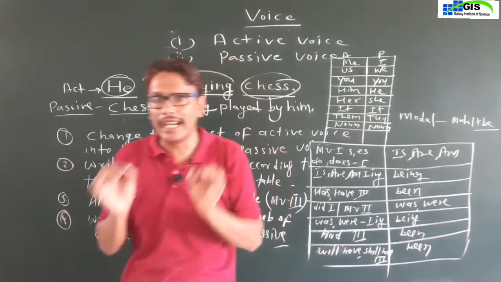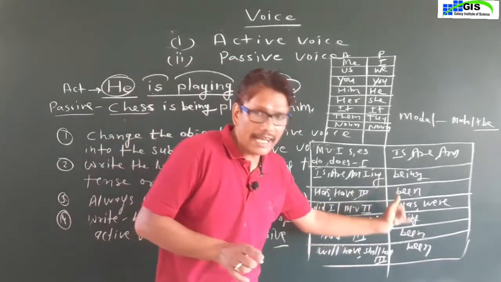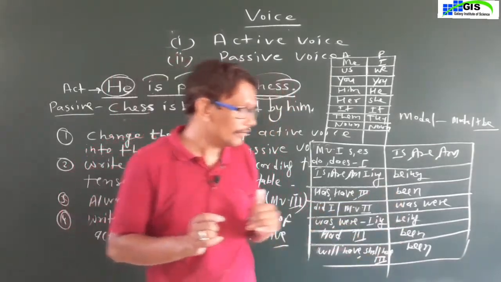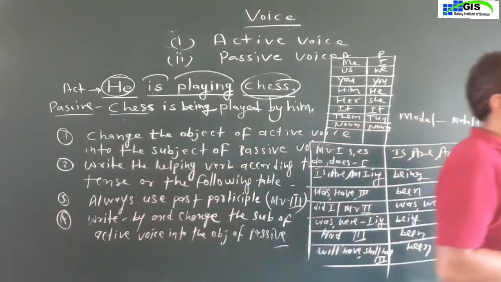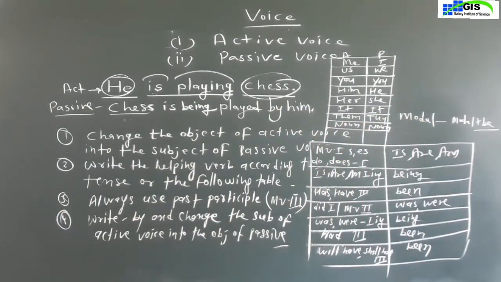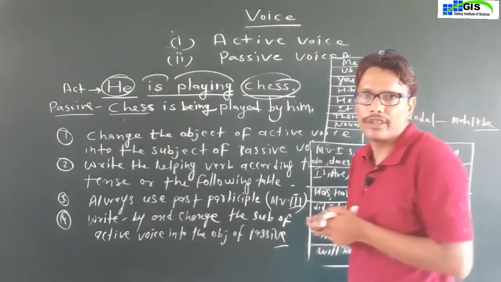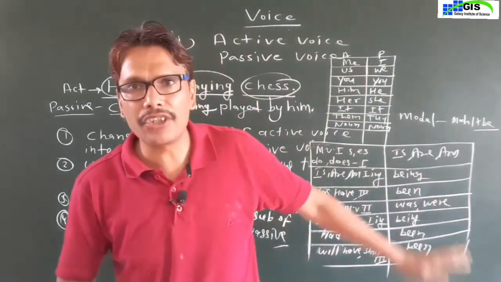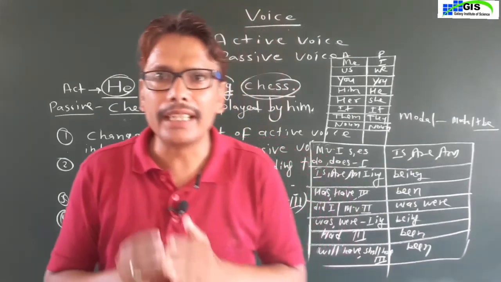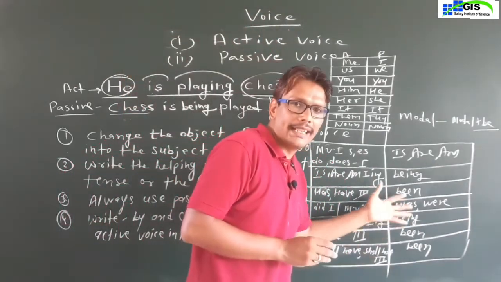You have to get only the second rule. In the second rule, we always use a table, or we use the tenses. With the help of this table, you can study here, you can get it.